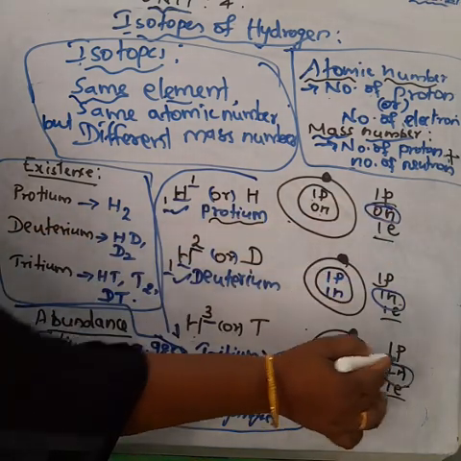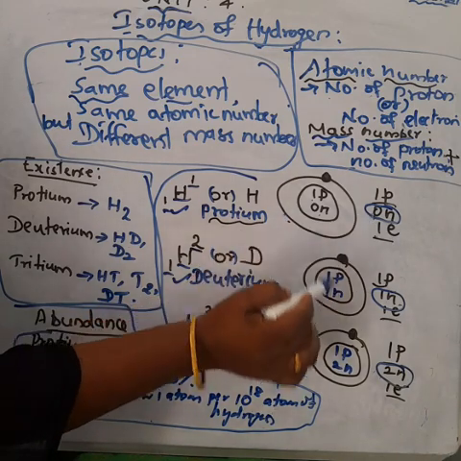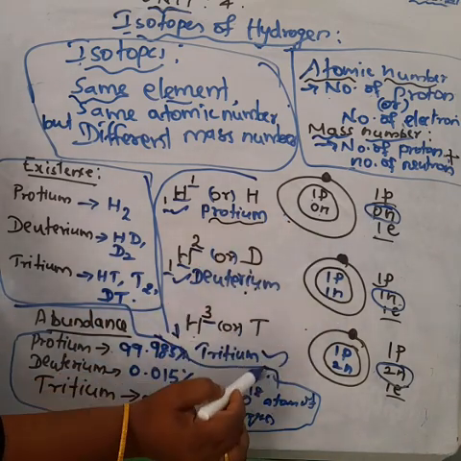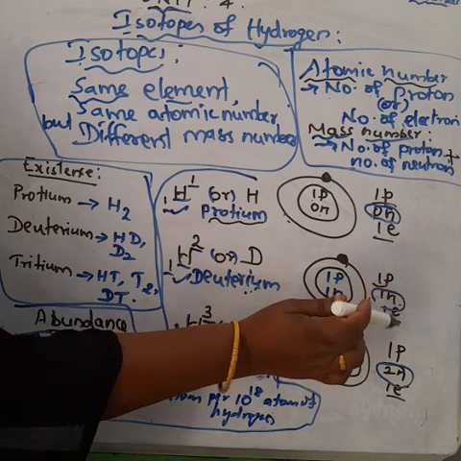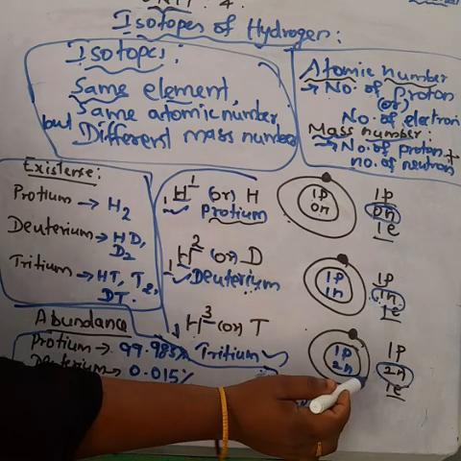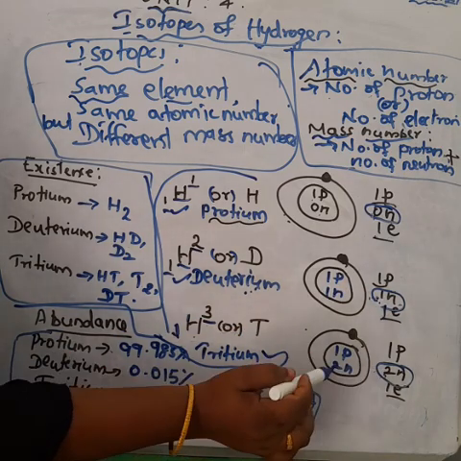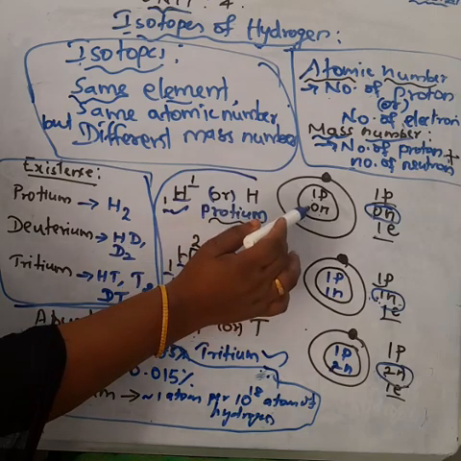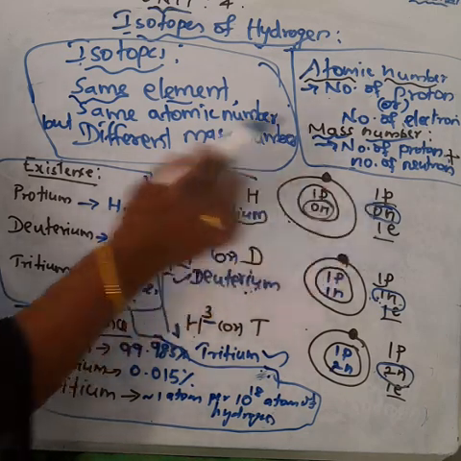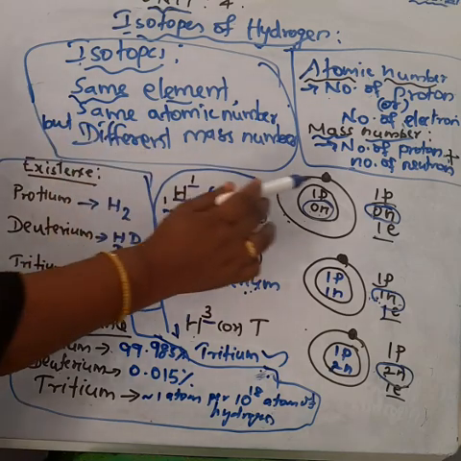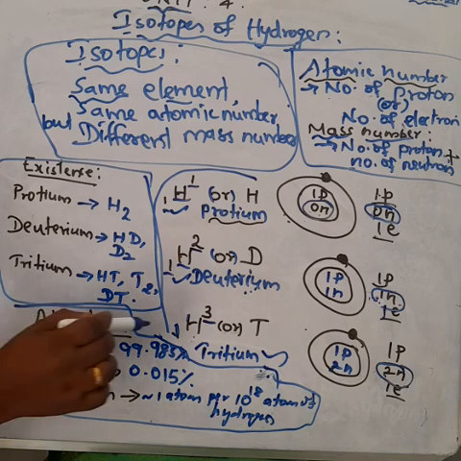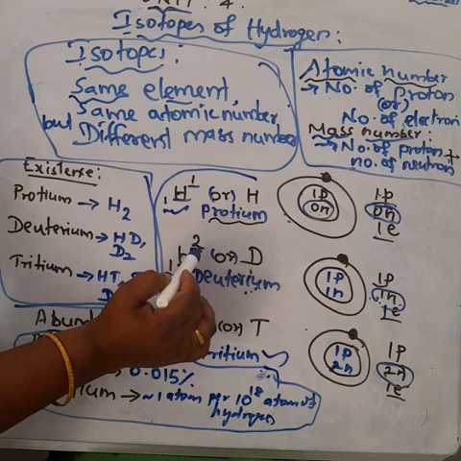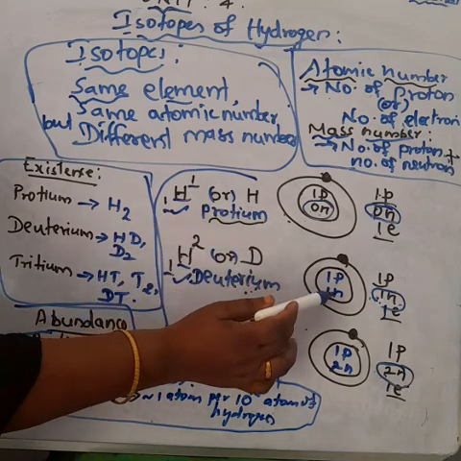So the number of neutrons differs for deuterium and tritium. Protium has no neutrons: 0 neutrons, 1 proton and 1 electron. For deuterium, mass number 2 means number of protons 1, number of neutrons 1.